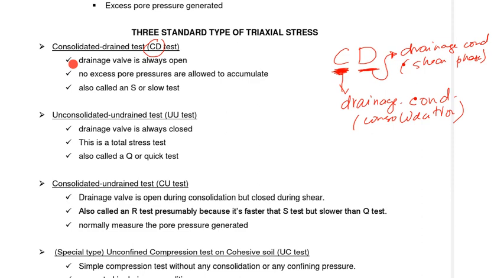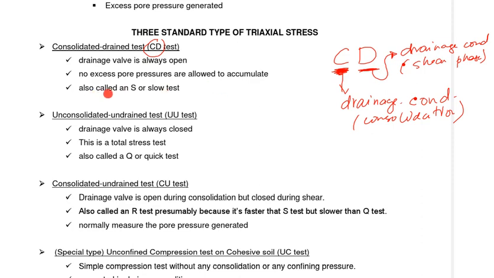And then, this is also an effective stress yung gagamitin natin pag sinabi nating CD test. Since there are no excess pore pressures that are allowed to accumulate doon sa ating test.